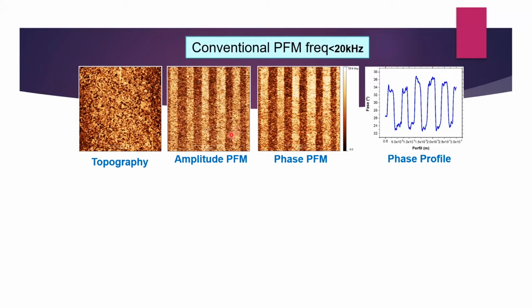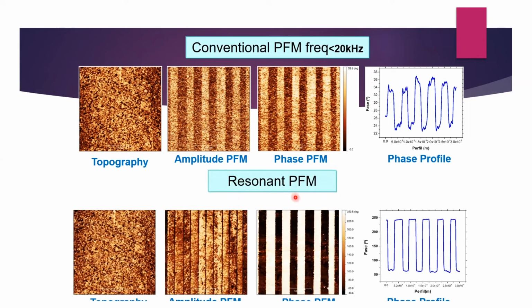The amplitude needs to be independent of the phase, and the phase needs to have the 180 degree difference between opposite domains. For this reason, conventional PFM is not a good technique to measure some samples.